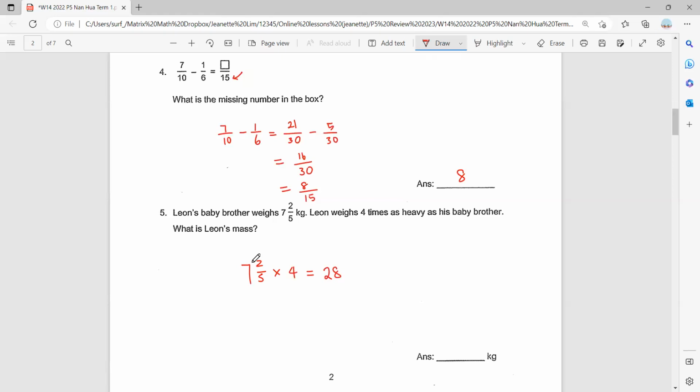And I also times 4 to the fraction. When I multiply, I only multiply the numerator. So I have 8 over 5. Now, 8 over 5, I can actually get one more whole. So the answer will be 29 3/5.